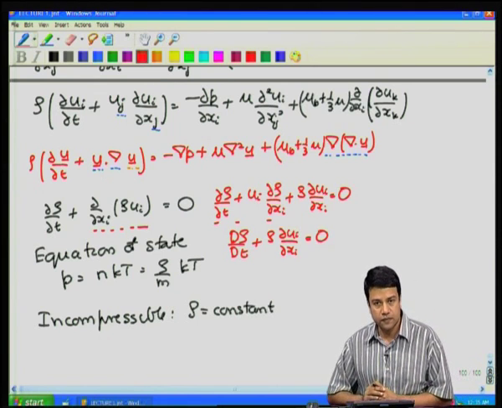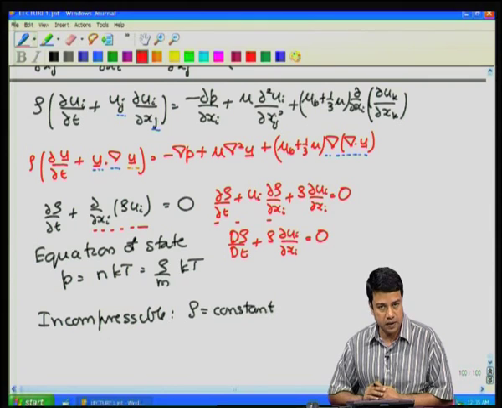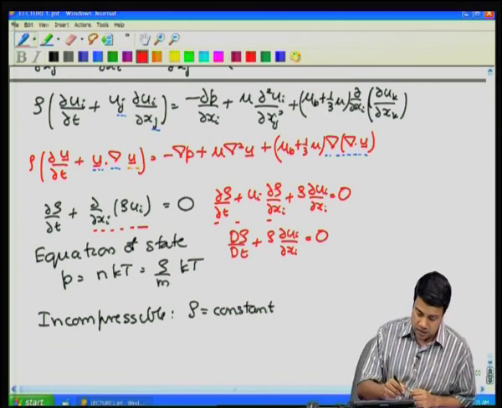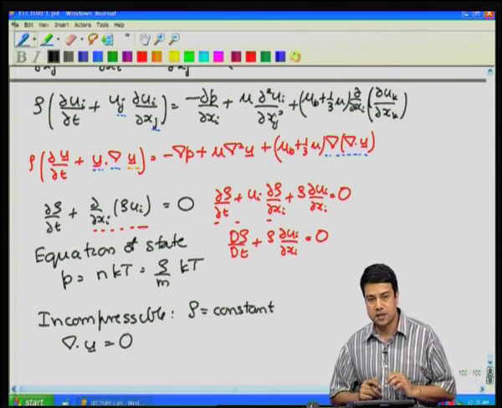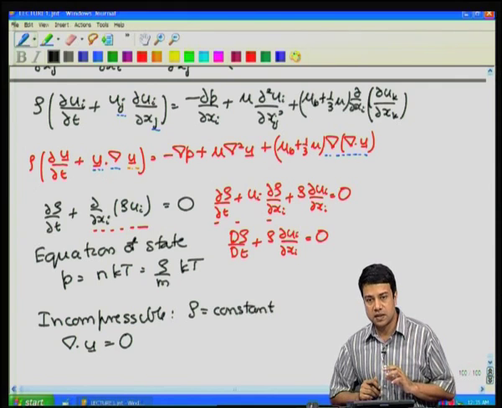If rho is a constant, then d rho by dt is equal to 0, and what that means is that partial u_i by partial x_i is equal to 0. So, in that case, the divergence of the velocity is equal to 0. So, this is the mass conservation equation. Velocity is divergence free if the fluid is incompressible.